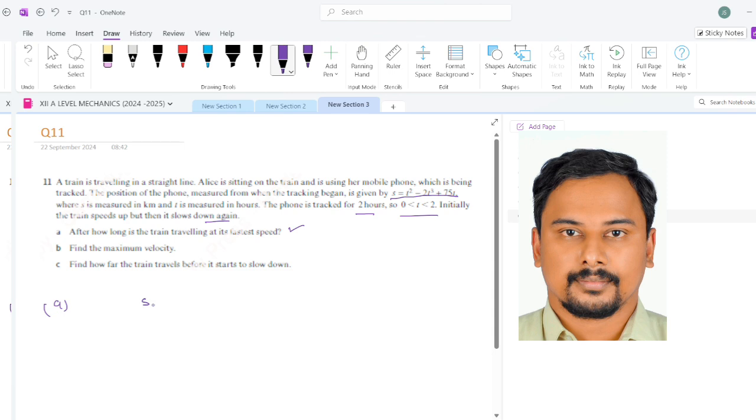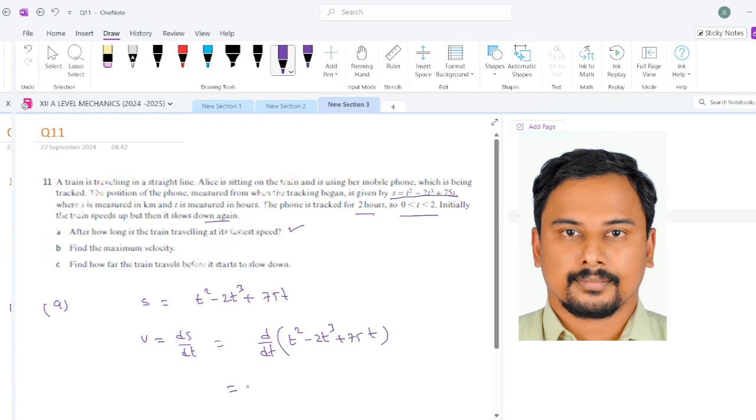So, take the given function s is equal to t square minus 2t cube plus 75 into t. Differentiate with respect to time so that you will get the velocity. Therefore, d by dt of t square minus 2t cube plus 75t.